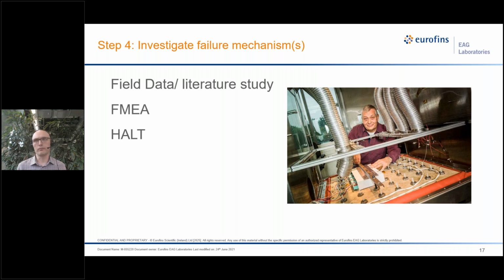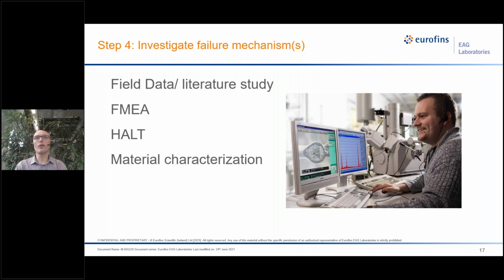Think of HALT. HALT stands for Highly Accelerated Lifetime Testing, but contrary to what the name suggests, it says nothing about the lifetime of a product, but provides information about the weak links in the design. The weaknesses are exposed with a combination of tests. And we can also perform these tests within the Eurofins Reliability Center.